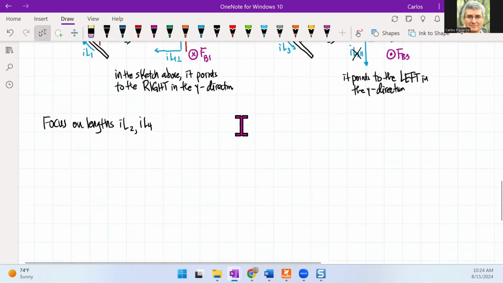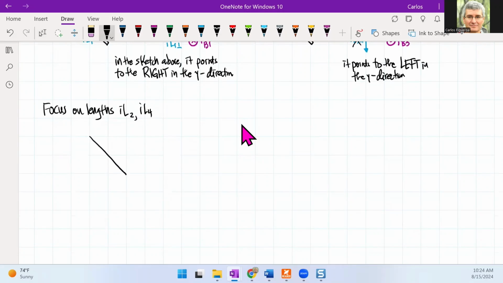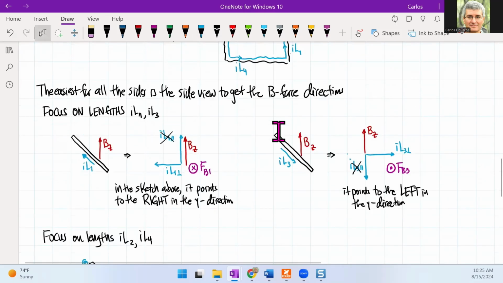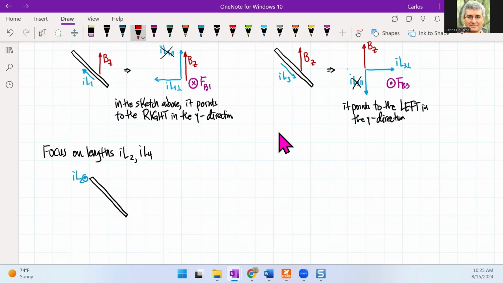So if I look at this guy, the length that I'm showing right here is current. What did I call that current? I don't remember. I think it's I2. I'm going to call that IL2. And if I look at the magnetic field, you can see immediately that it's already perpendicular to this.